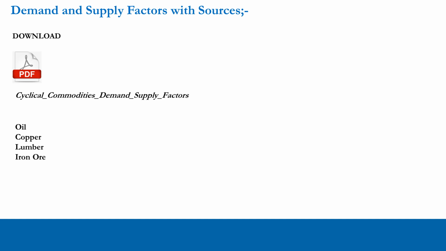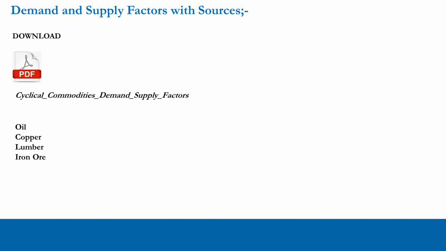Now, we have, as I mentioned, a PDF in the download area. The name of that PDF is Cyclical Commodities Demand and Supply Factors. And in the download, what you'll notice is there's a whole bunch of sources and information relating to the oil, copper, lumber, and iron ore markets.